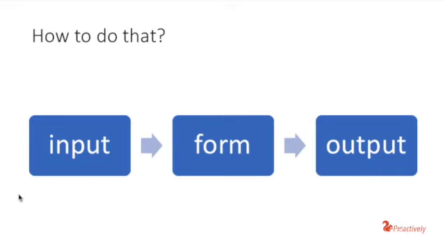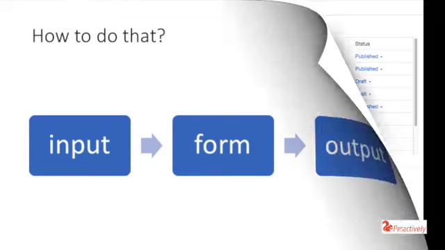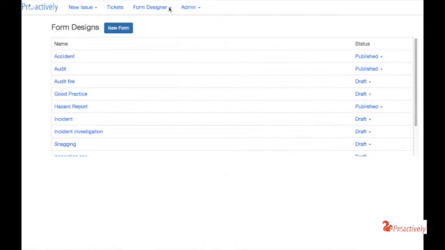Okay, so let's now have a look at how we can use the Proactively system to design these forms. This is the Proactively web app, and I'm in the form designer. On the right hand side, you can see that we have forms that have been published, which are the ones that will appear in the mobile app.